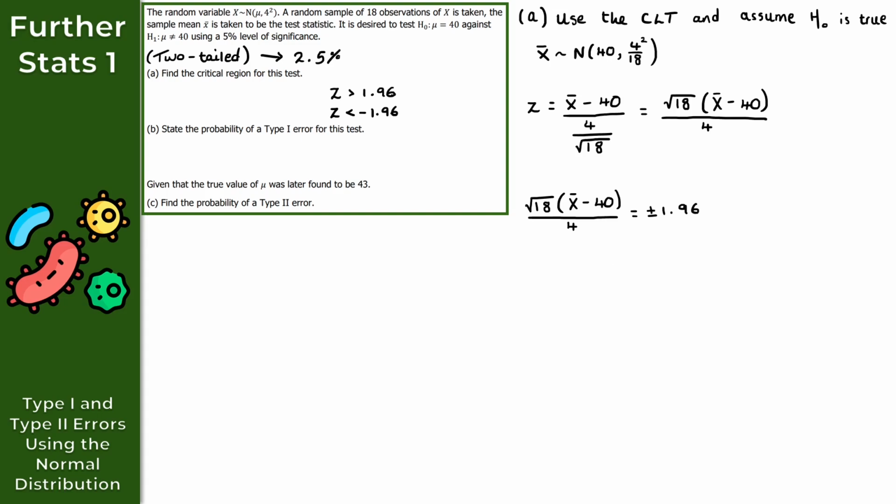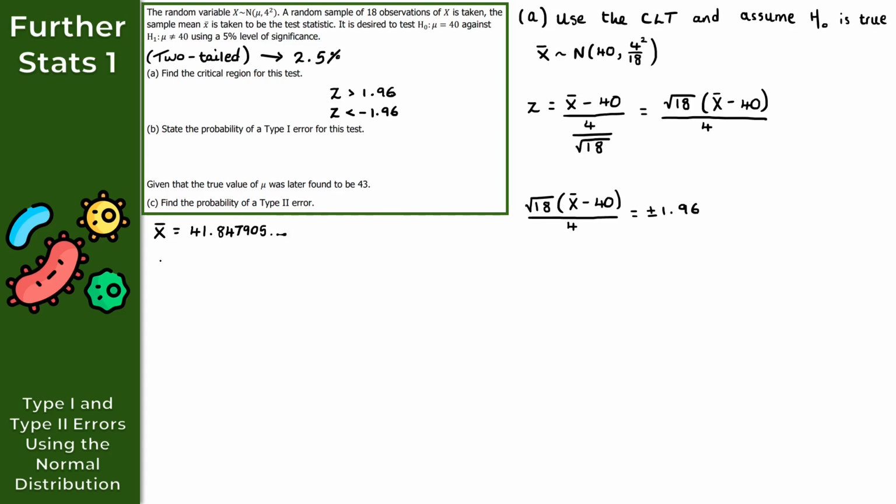So when Z is strictly greater than 1.96, what I get is x bar equal to 41.847905, and so on and so on. That's supposed to be three dots there.